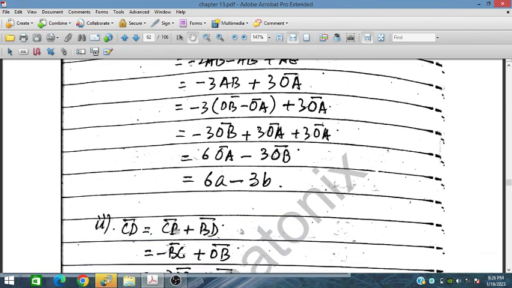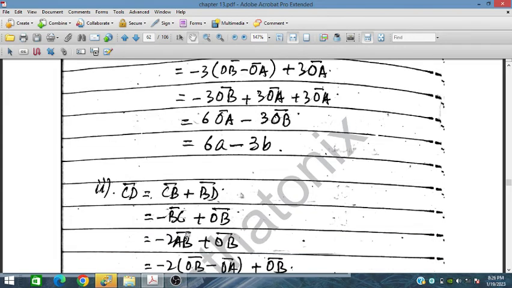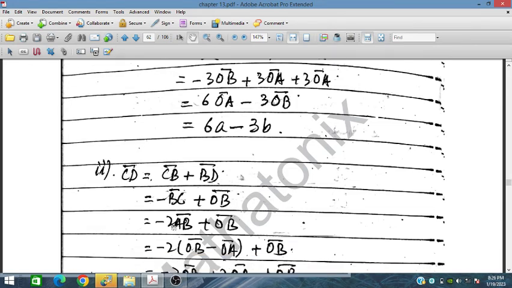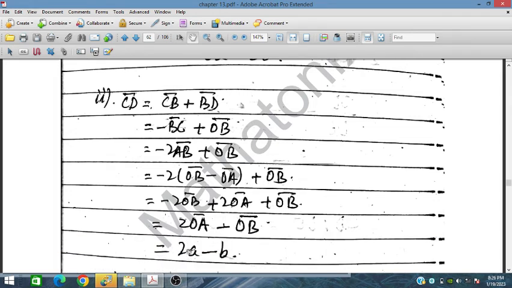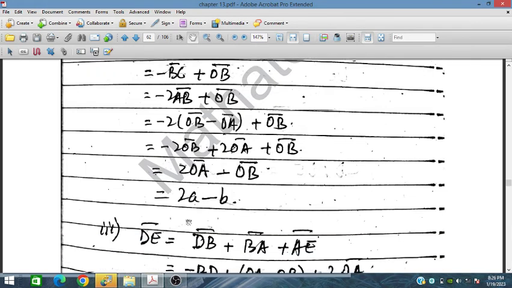Similarly, CD is equal to CB plus BD. CB is basically minus BC, and BD is basically OB. BC is twice AB, and AB is OB minus OA. On simplification we have 2a minus b for CD.